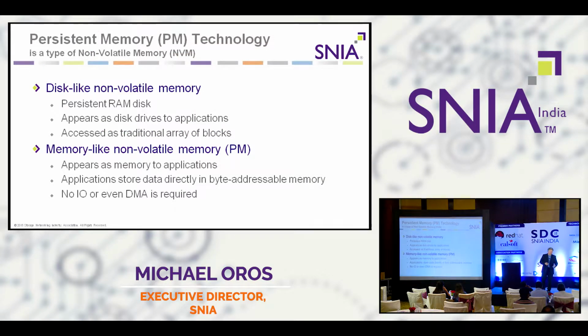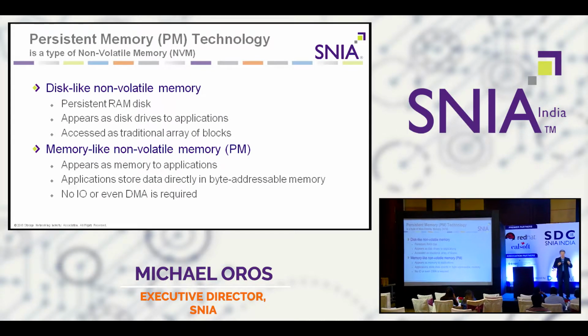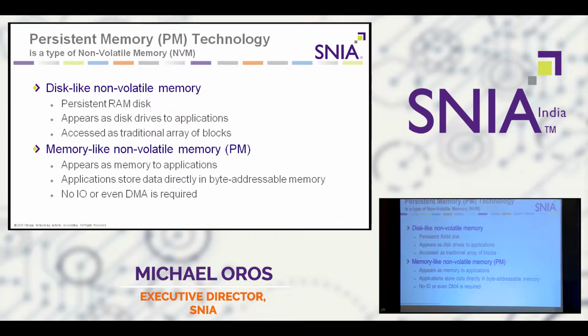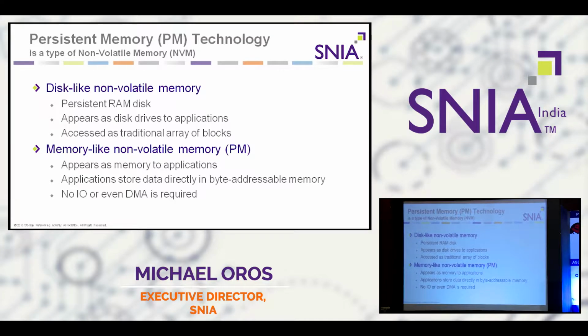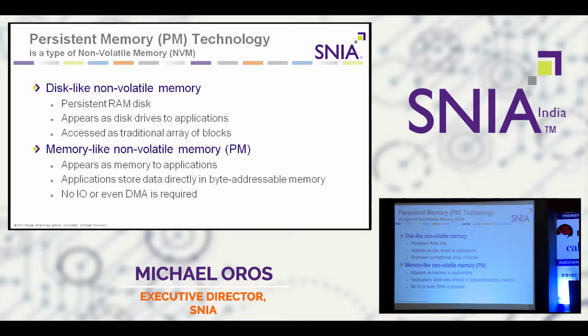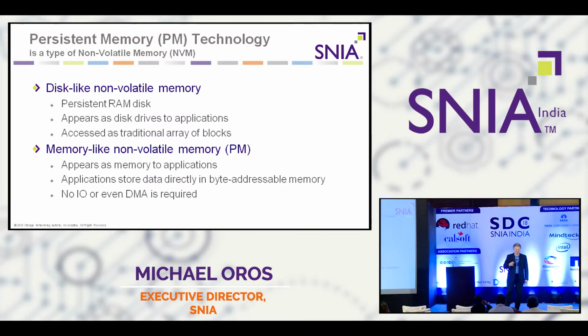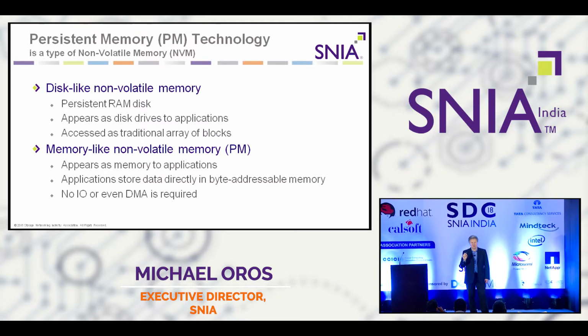So first, persistent memory. Two things. One, think of it as the media. There's persistent memory media that essentially has the qualities of being non-volatile. You can think of it as treating it as a non-volatile RAM disk. That's one way of implementing this, but there's a distinction between the media and the implementation.